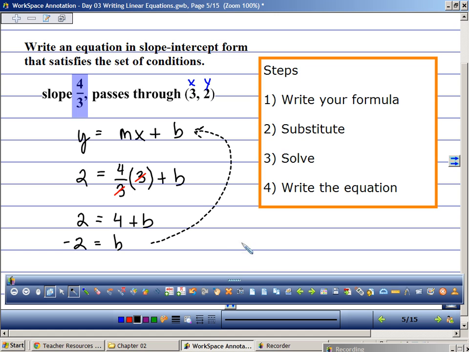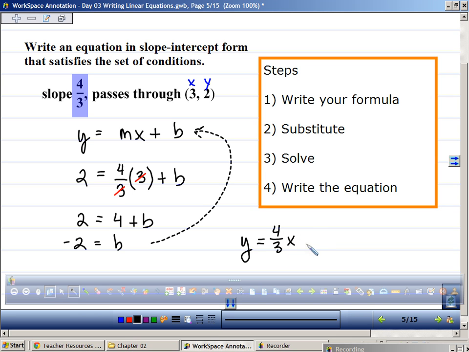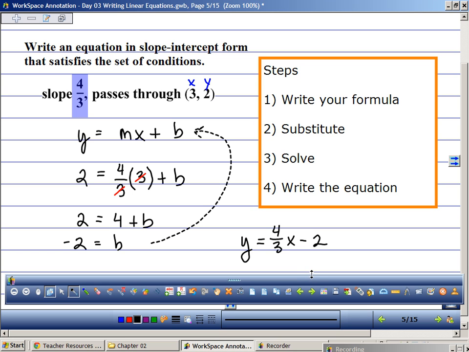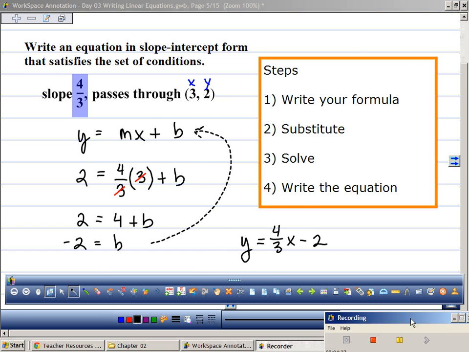So that would be y equals, what's my slope? 4/3 x minus 2. Okay, now where kids get stuck is they go through all this, they find this, and then they forget to put it back in here. Okay, go ahead and write that one down.